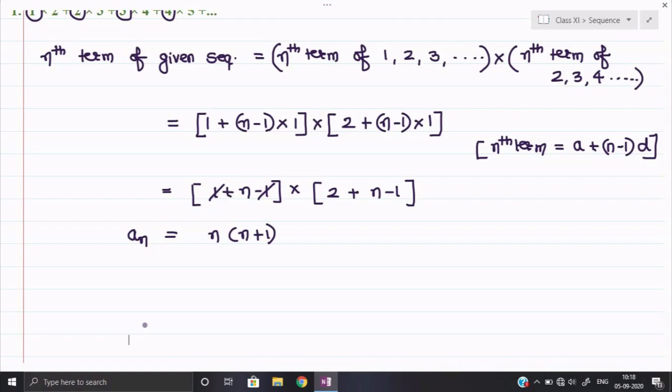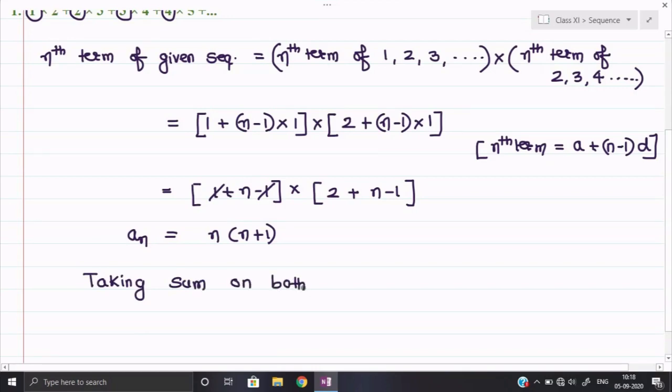Okay, now the condition is we need to find the sum of all terms up till n terms. So here we shall write down taking sum on both sides. Before I take the sum, I will make one small change in my nth term.